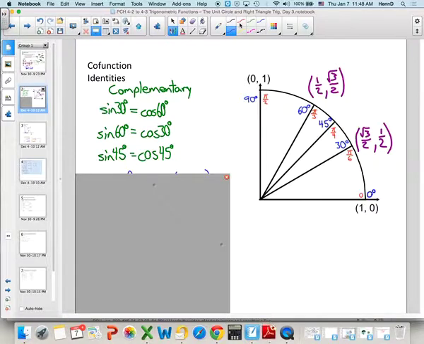So the sine of 30 equals the cosine of 60. The sine of 60 equals root 3 over 2, and the cosine of 30 equals root 3 over 2. There we have it.